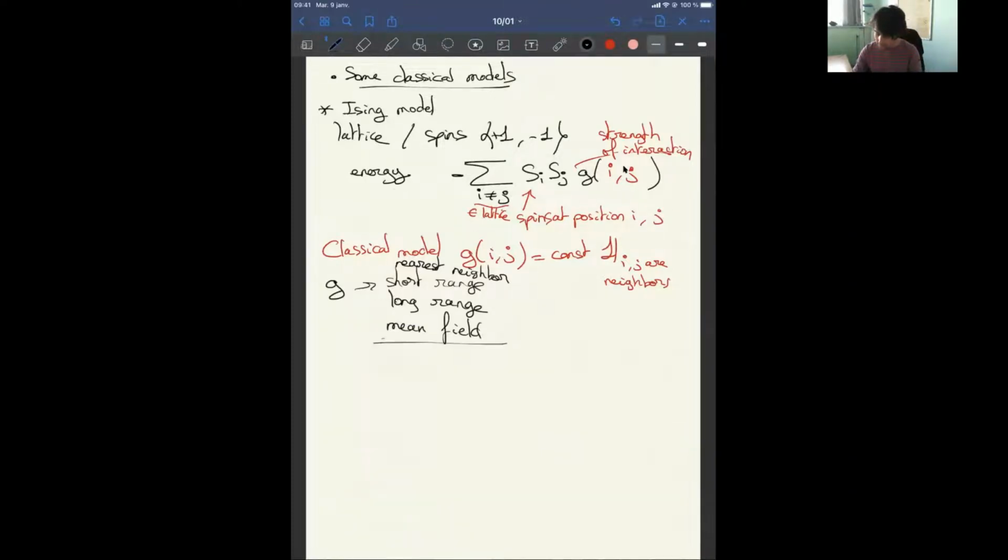And in that case, the energy only depends on the mean spin, the average value of the s_i, and that's the origin of the name mean field interaction, because in that case, the energy depends on the mean field.